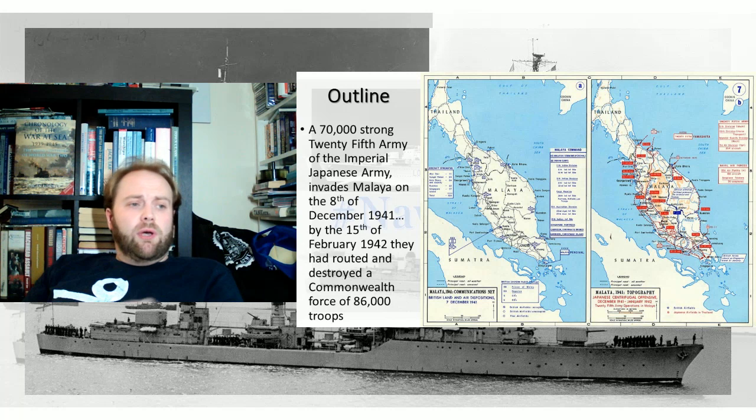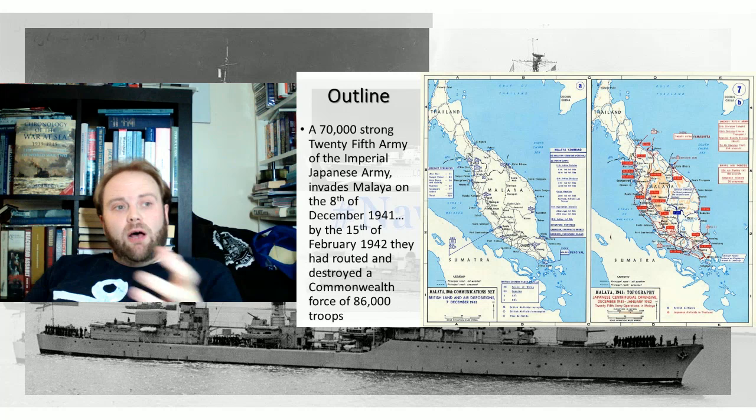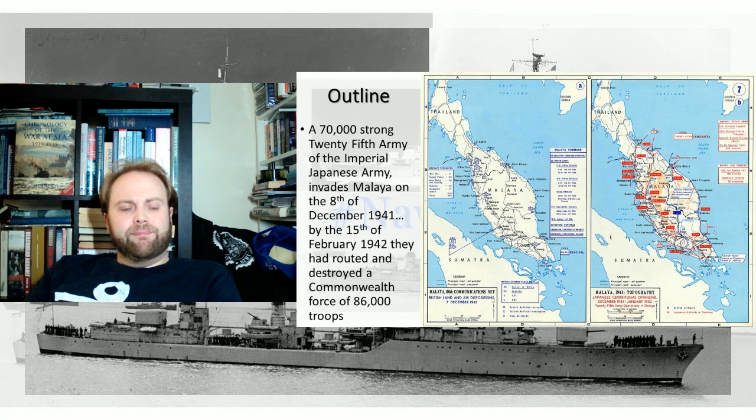But if you look at the picture closest to me, the half of the picture closest to me, you see how the British and Commonwealth forces were arrayed. And furthest away, you see what the Japanese army managed.